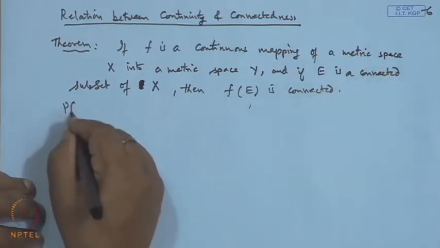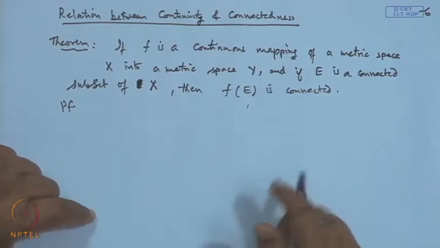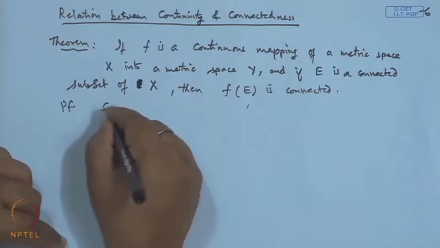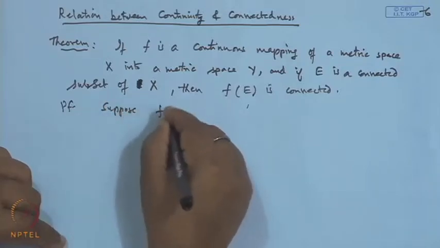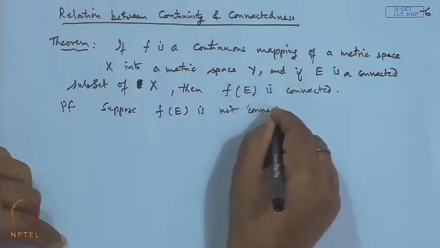Okay, let us see the proof. Assume the contrary, suppose f(E) is not connected, then we will reach a contradiction.